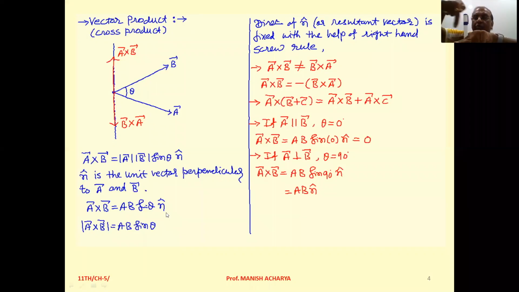Now if we rotate this right-handed screw in this particular direction, then the direction in which it traverses is the direction of n caret.